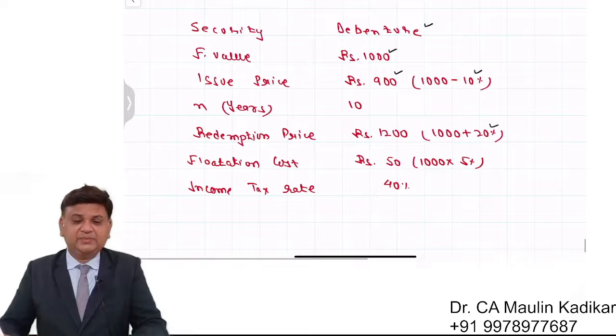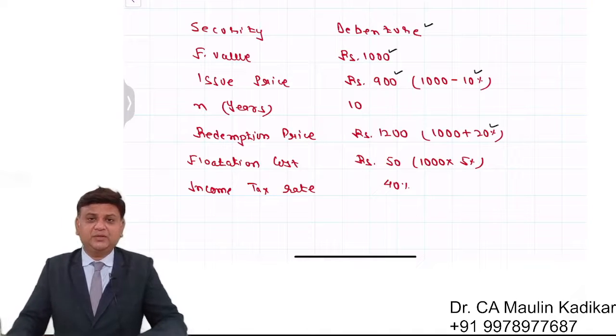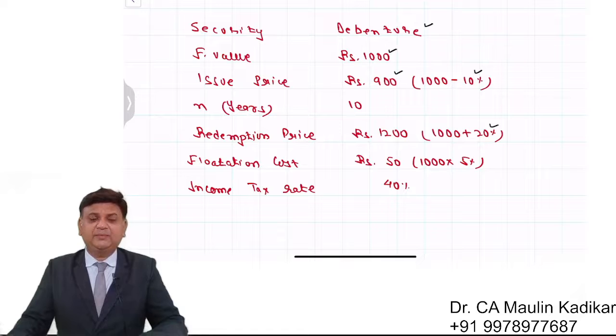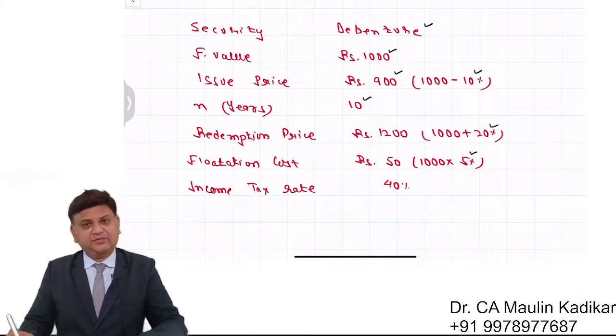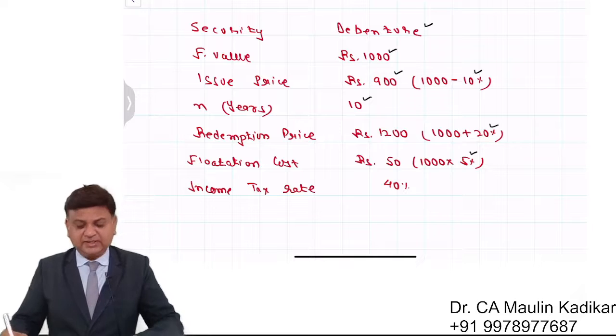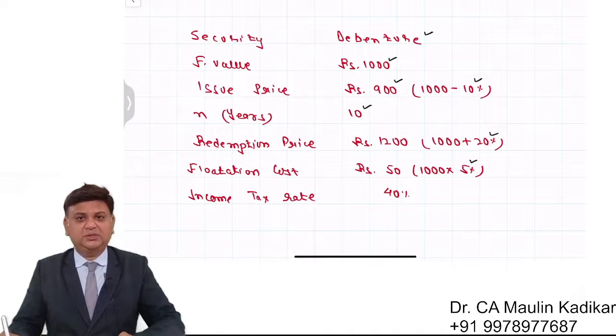Redemption is at 20% premium, so at the time of redemption, the company is going to pay rupees 1200 to the investor after 10 years. The flotation cost at the rate of 5% is 50 rupees. Income tax rate is 40%.